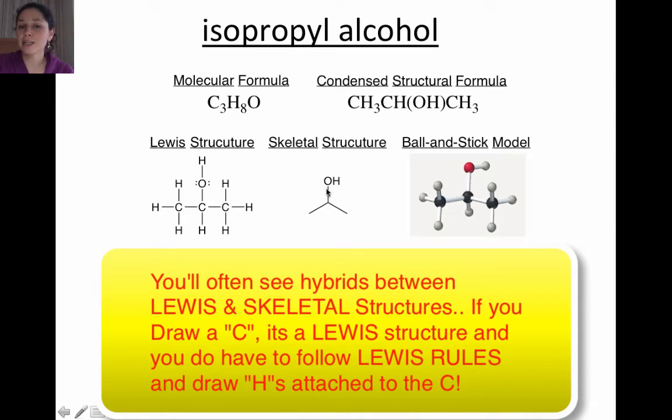So I recommend that you draw lone pairs on your skeletal structures, but the rule says that you don't have to. Sometimes you'll see them drawn and sometimes not. The only time you absolutely have to draw lone pairs is when you're specifically asked to in a problem, or if you're drawing a Lewis structure. You should always assume that lone pairs are necessary.